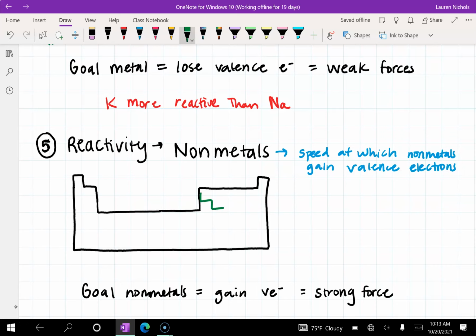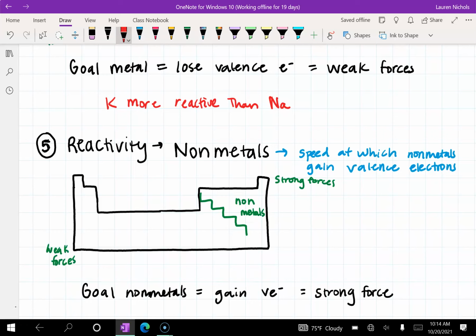Now remember, that staircase means that when we're talking about nonmetals, we're literally just talking about this small portion on the right side. And we know that our strong forces are at the top of the periodic table, top right, and our weaker forces are at the bottom left.